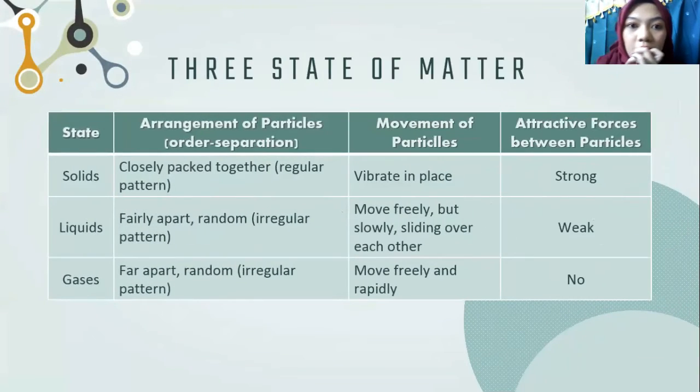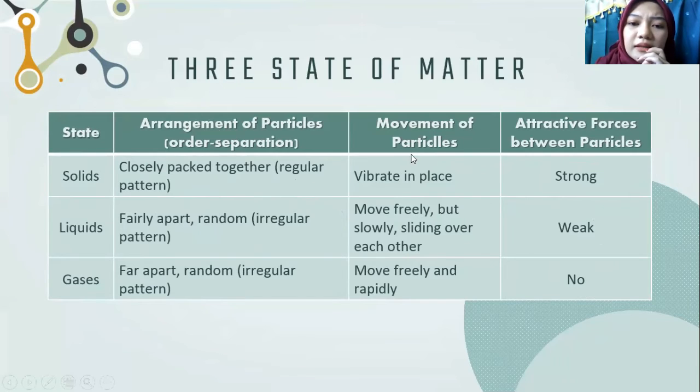That's all, students, about the three states of matter. Let's review our discussion, our topic today. There are three states of matter, and each state has its own arrangement of particles and its own characteristic. The first is solid, where the particles are closely packed together in a regular pattern.